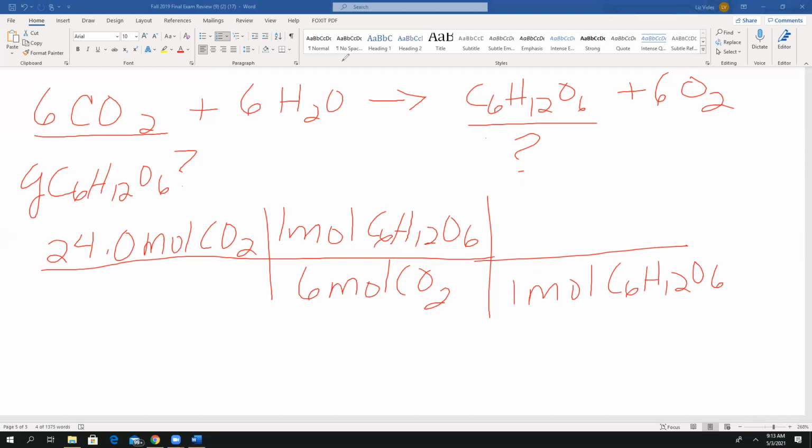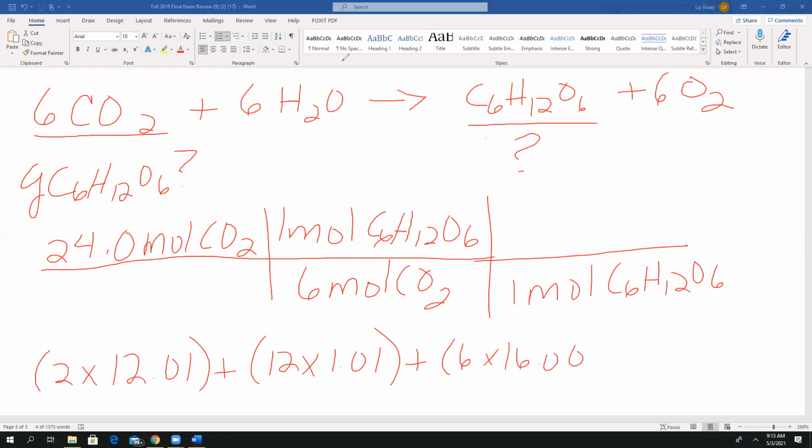It weighs what? Well, let's find out. We got 6 times 12.01 plus 12 times 1.01 plus 6 times 16. That's our molar mass of glucose. Let's see what it is. A long one.